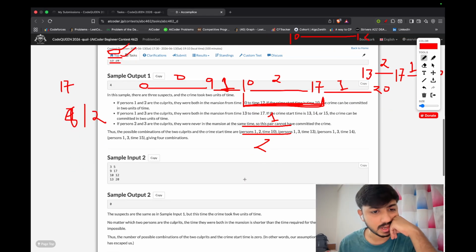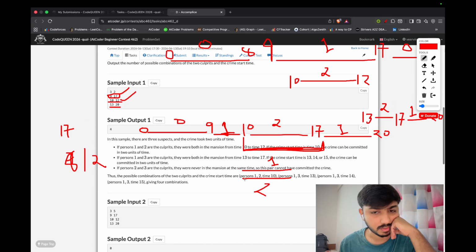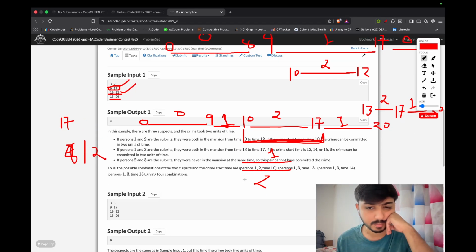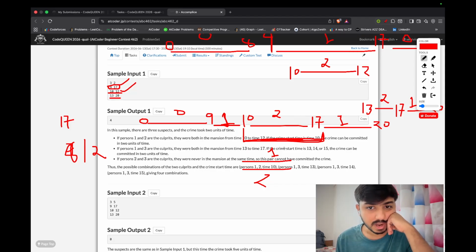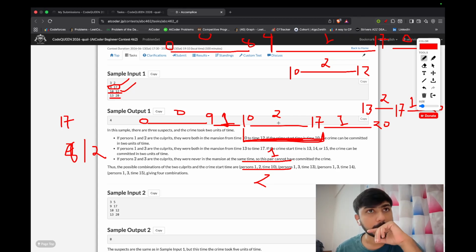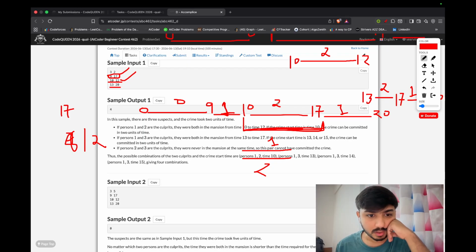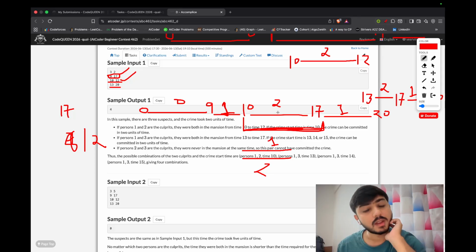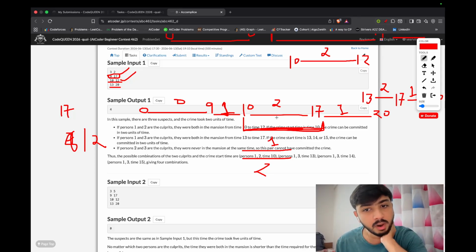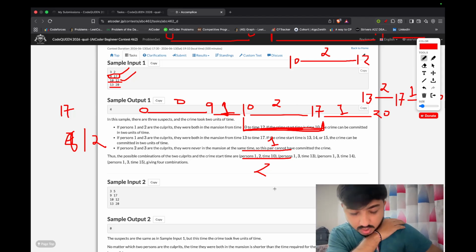Yeah, this looks like we have to bifurcate the section again. How can we bifurcate?